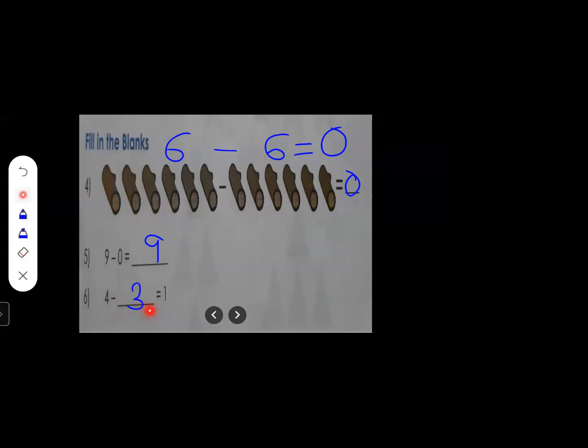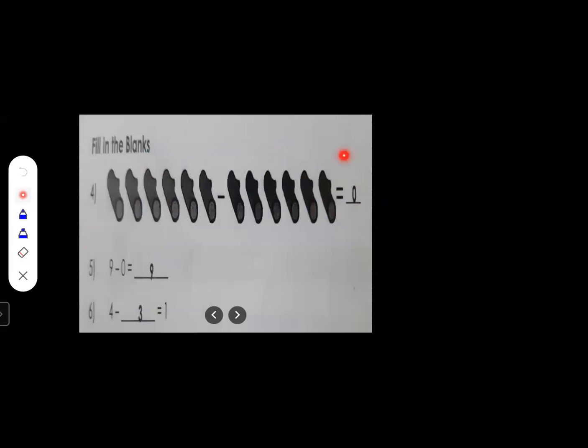And 4 minus 3 is equal to 1. You can take a screenshot of this because you have to write this in your workbook also. So today you are going to complete workbook lesson number 6.